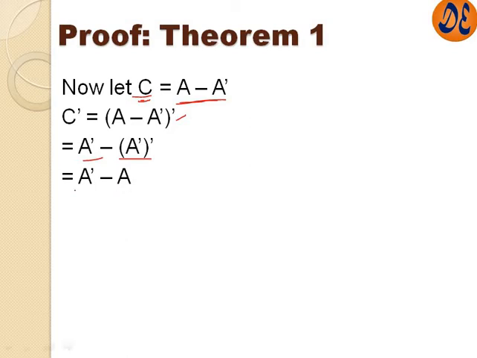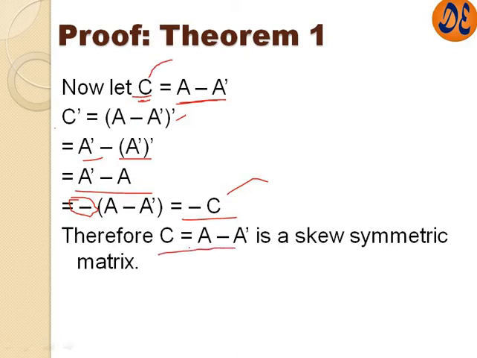So again we are getting this one. We can write the same thing as, if we take minus as common, then we can interchange the values. So this is becoming minus C, the negative of this particular given matrix. So C equal to A minus A dash is a skew symmetric matrix. That means if we transpose C, we get minus C. That means it is a skew symmetric matrix.